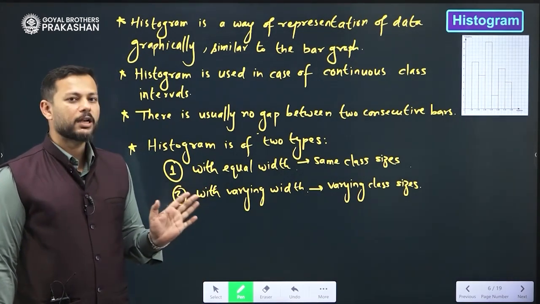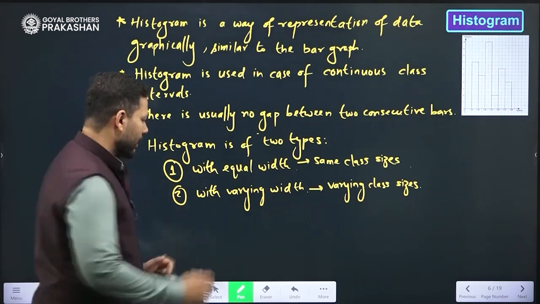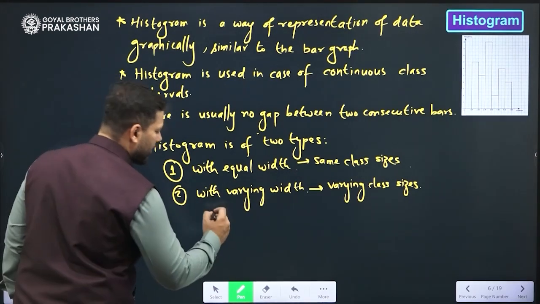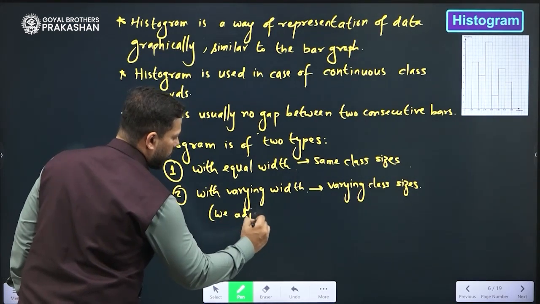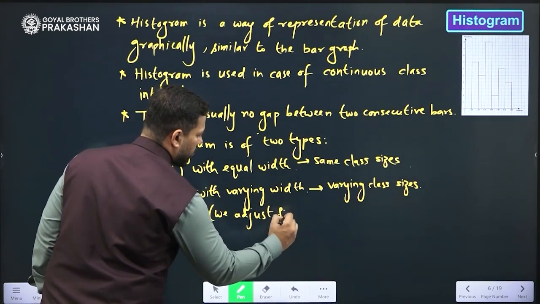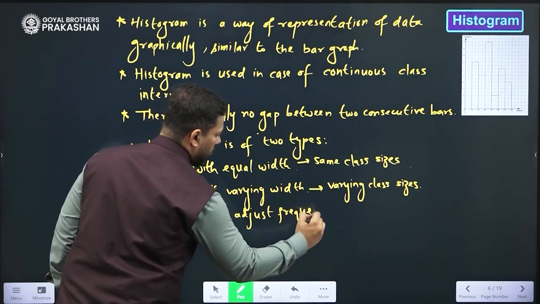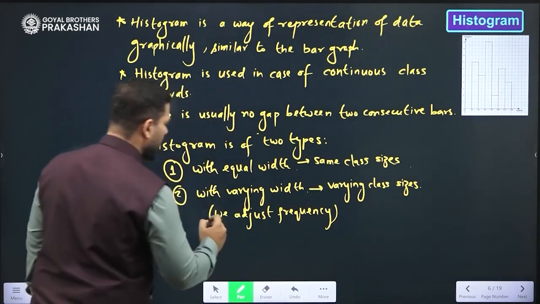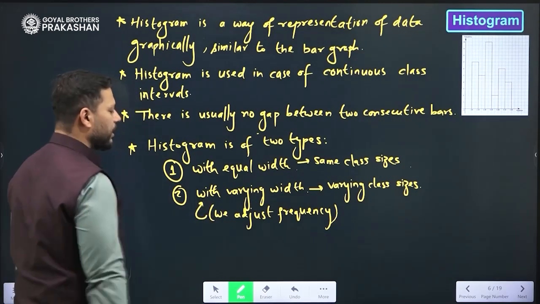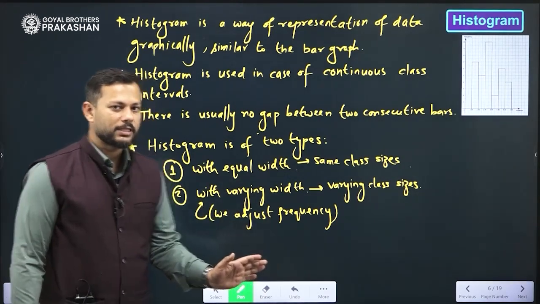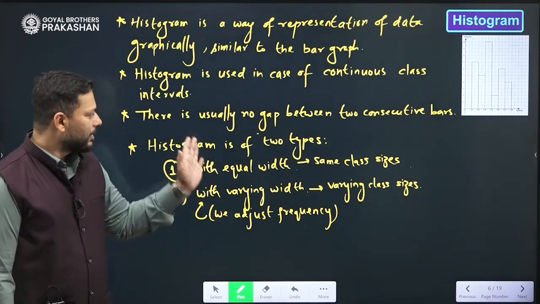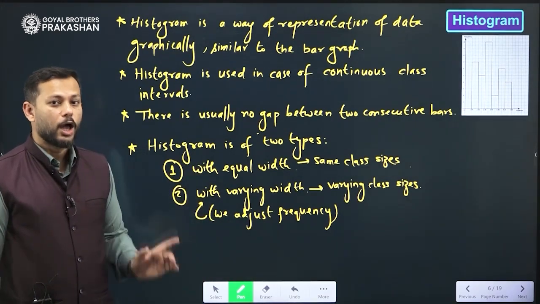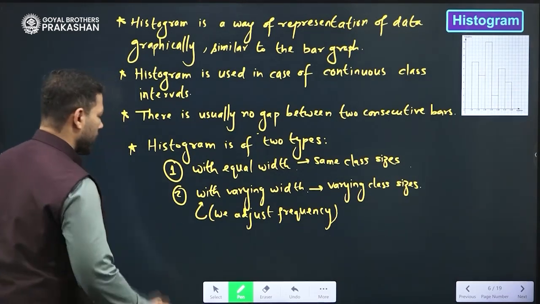We are going to definitely do some examples for that. In case of varying width, we need to adjust the frequency. The method of doing that will be explained when we do an example, but this is what a histogram looks like. Also, there is one more important thing.